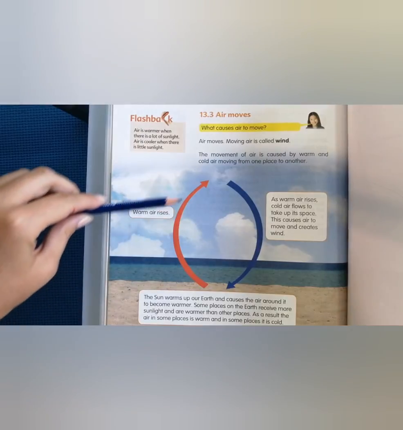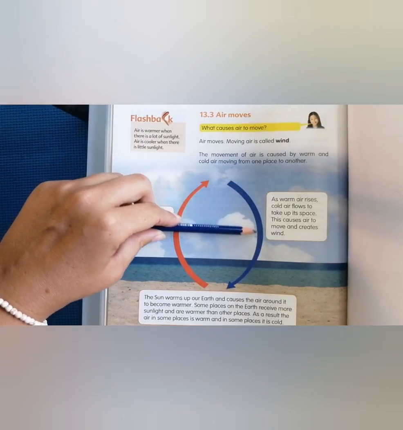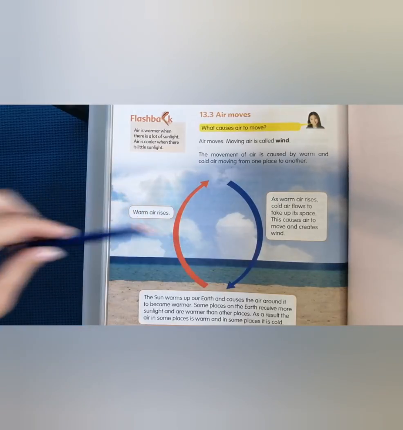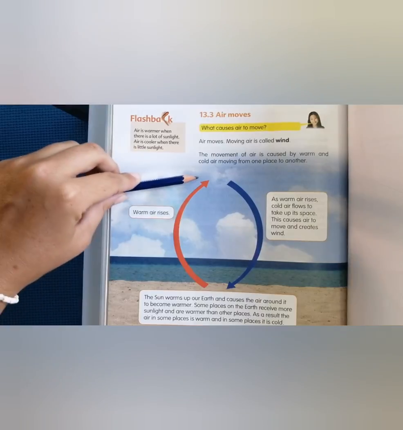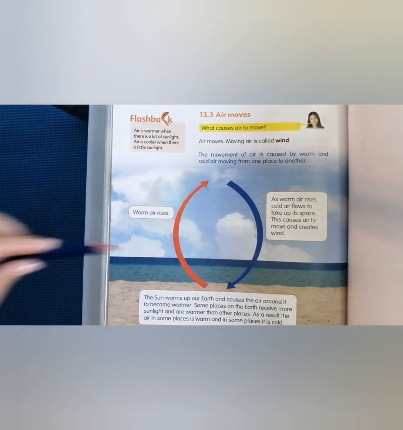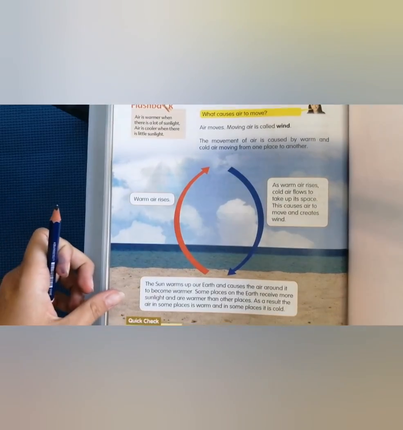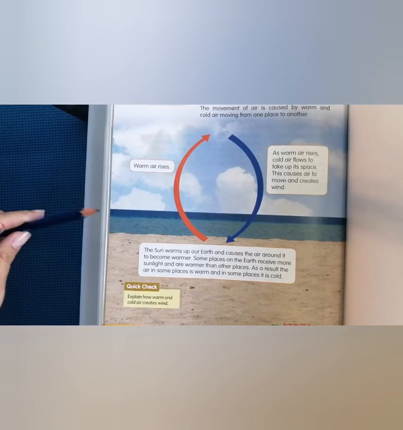The warm air rises and the cold air takes the place of that warm air. So as warm air rises, the cold air flows to take up its place. That is what causes wind.